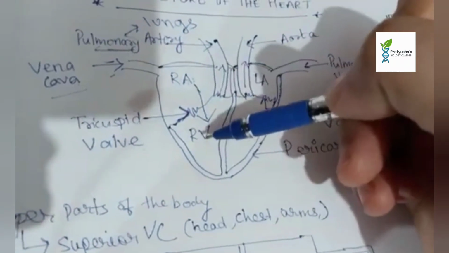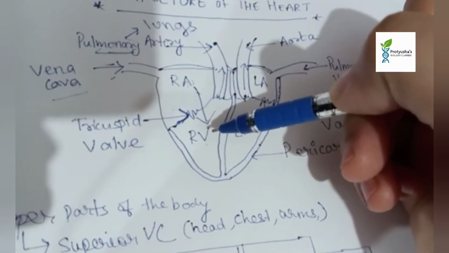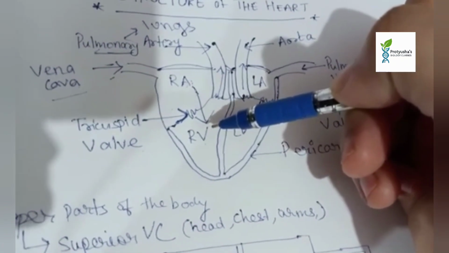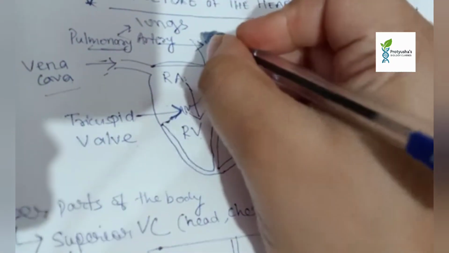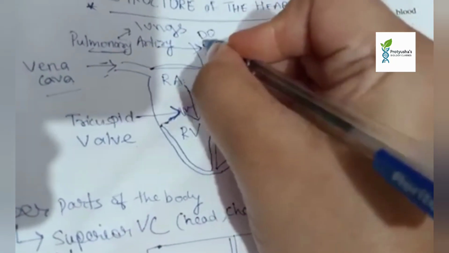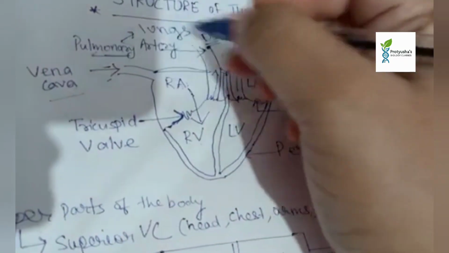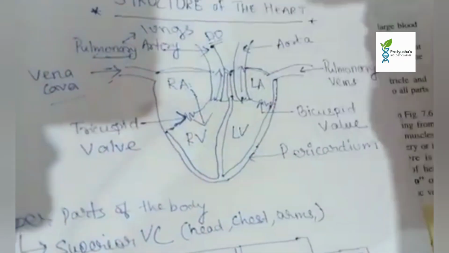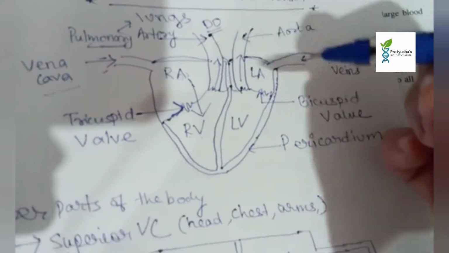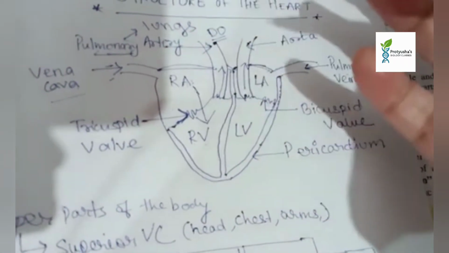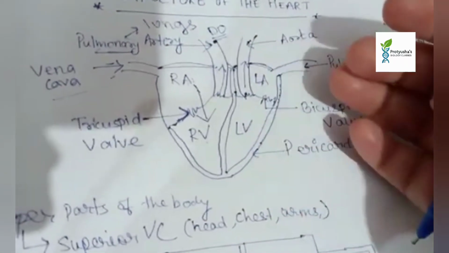Alright, so the right ventricle will take the deoxygenated blood to the lungs. The blood is still deoxygenated, it does not have any oxygen. In the lungs, it will receive the oxygen, because exchange of gases takes place.